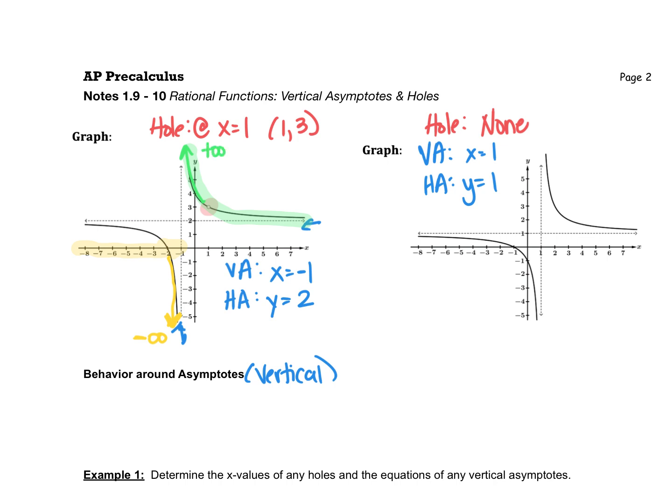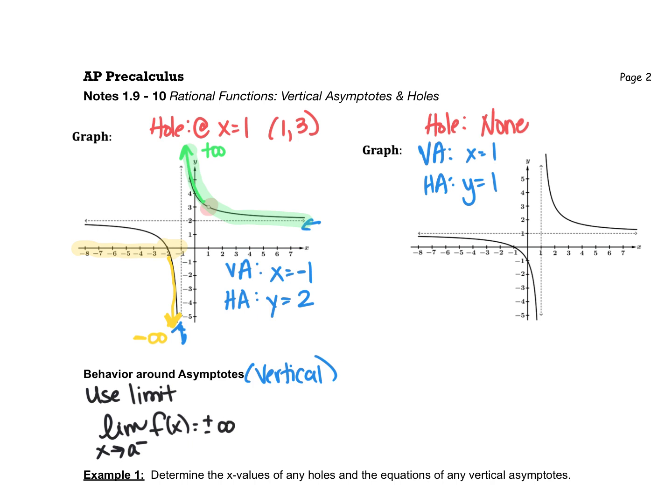And so when we want to describe behavior around asymptotes, we use limits. Okay, so we're going to use a limit. And this is what we're going to say. The limit as x approaches a, and we'll put a little minus sign there. Whatever we think our vertical asymptote is, whatever that number is, we'll call it a, of f of x, it's either going to approach positive or negative infinity.